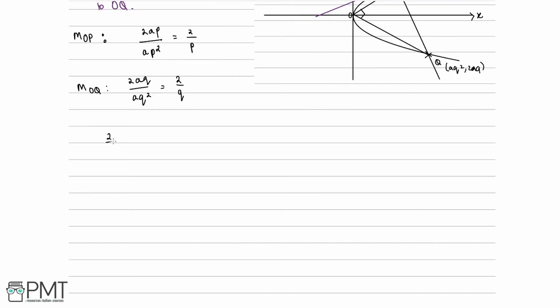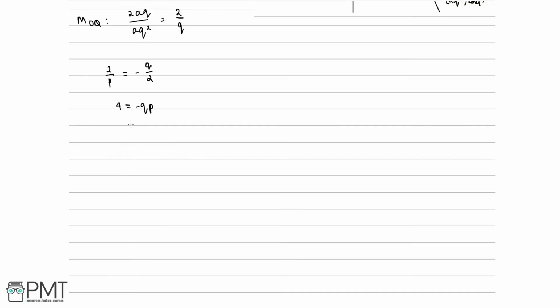So 2 over p, let's say this is one gradient, is equal to the negative reciprocal of 2 over q, which is minus q over 2. And hence, 4 is equal to minus qp by multiplying both sides by 2 and p. And using this, we can find an equation for q by dividing both sides by minus p to give you q is equal to 4 over minus p.